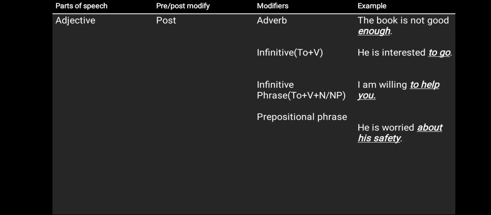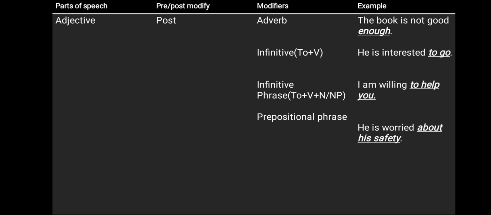Adjective post-modifiers are adverb, infinitive, infinitive phrase, prepositional phrase. The book is not good enough. Enough is modifying the adjective good. Infinitive: he is interested to go. To go is the post-modifier of the adjective interested here.